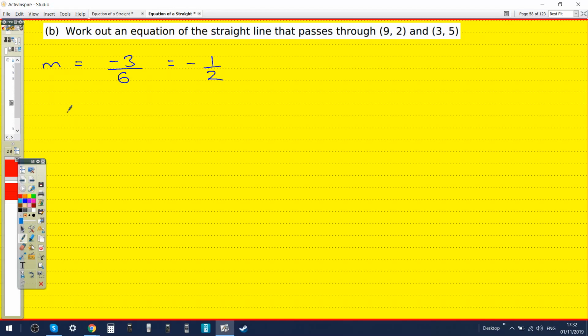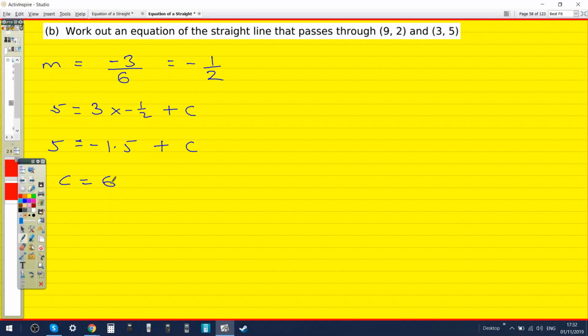So 5 equals 3 times minus a half, which is minus 1.5, so plus, 6.5, sorry.